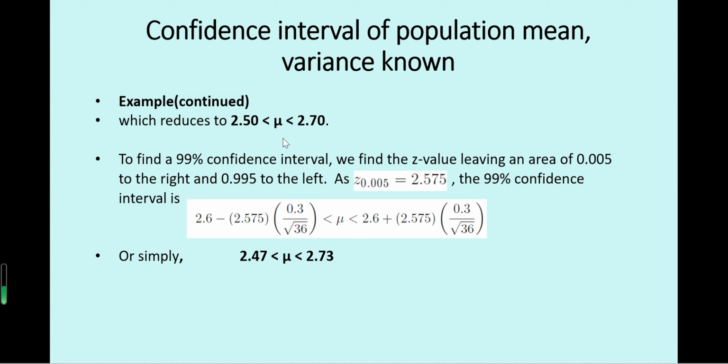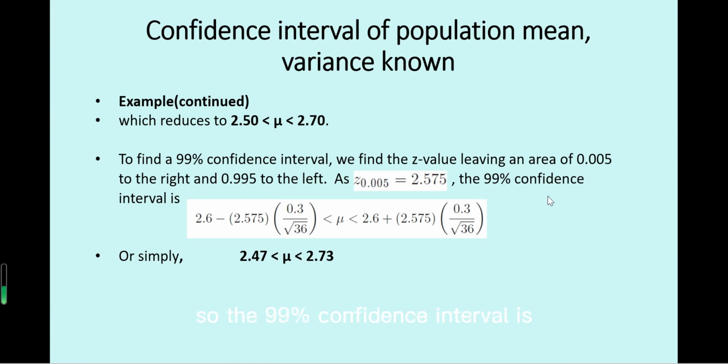And for the 99% confidence interval, we have to find another z value, which leaves an area of half of 1%, because 1 minus 99% is 1%, and divided by 2 is 0.005, to the right, and 0.995 to the left. We found that this z value from the standard normal distribution is 2.575.